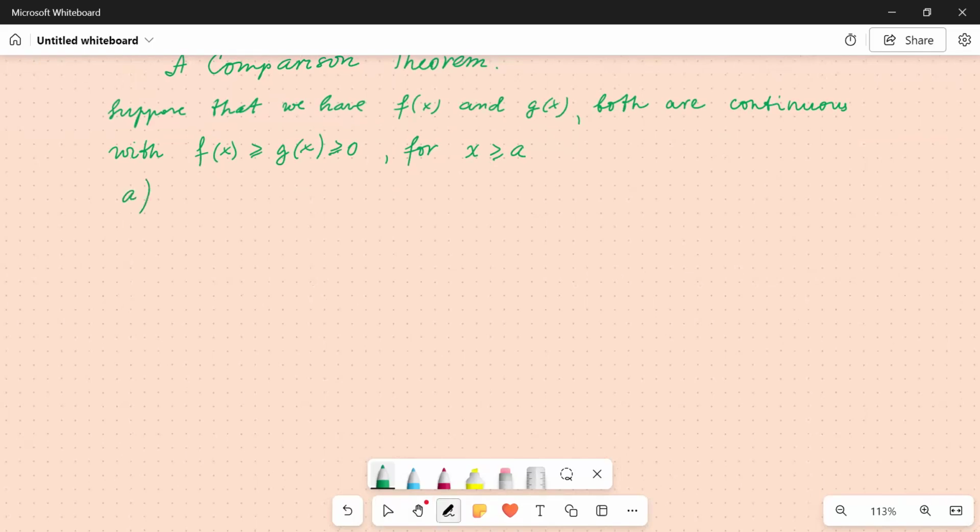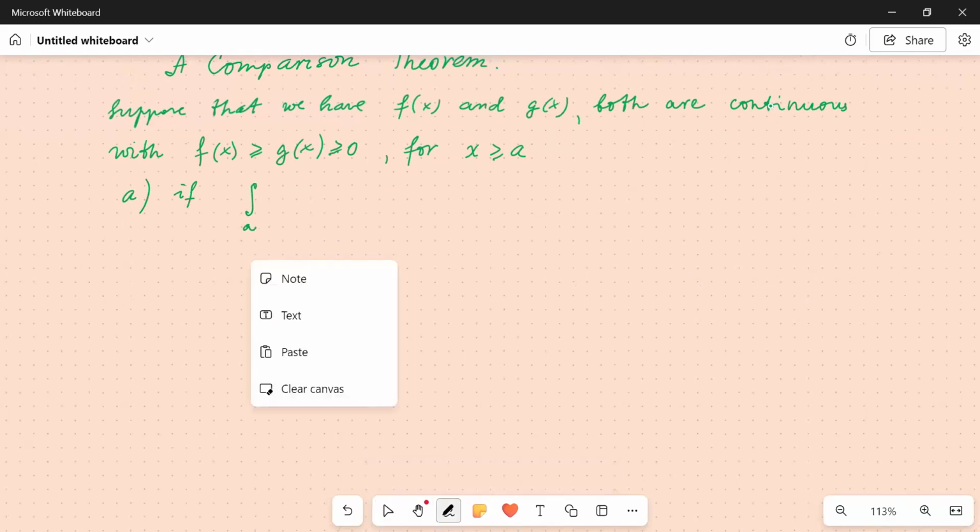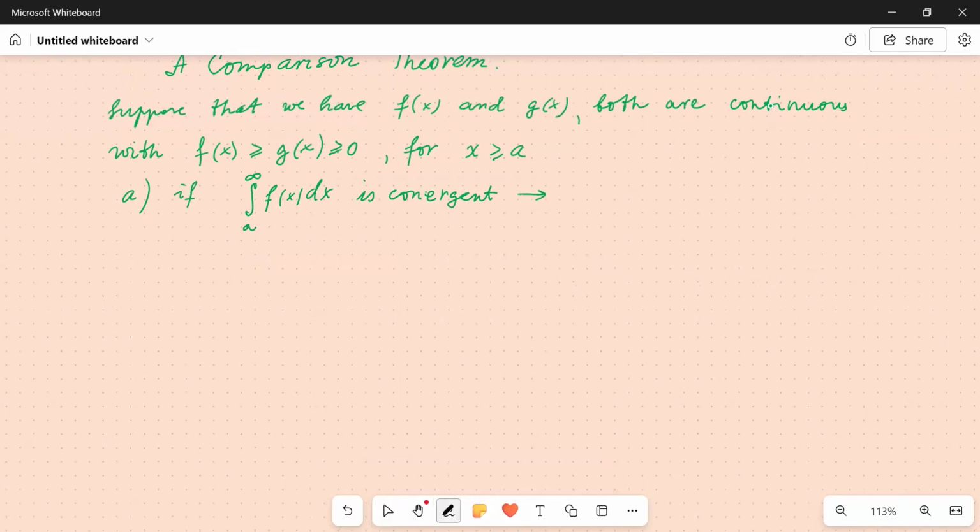Now, part A: if the integral from a to infinity of f of x dx is convergent, so if the top function has a convergent integral, then the integral from a to infinity of g of x dx is convergent too. It looks like if the area of f of x is a number, whatever lies below that area is going to be a number too.